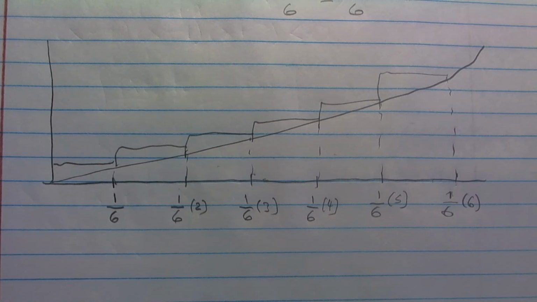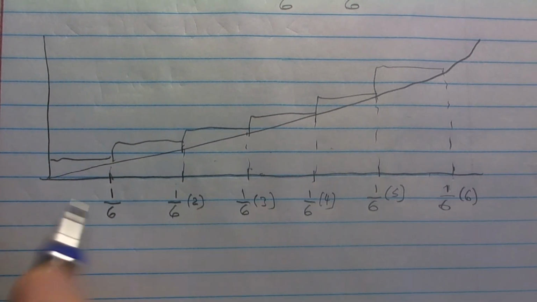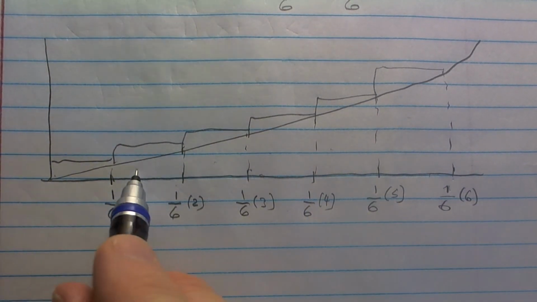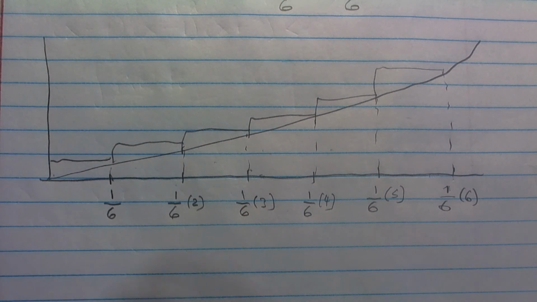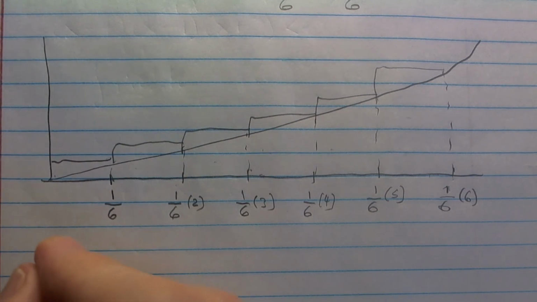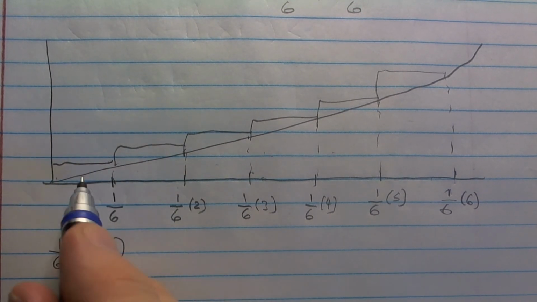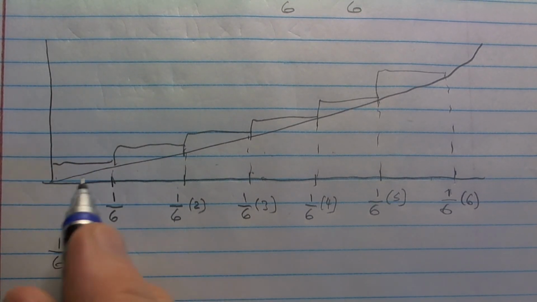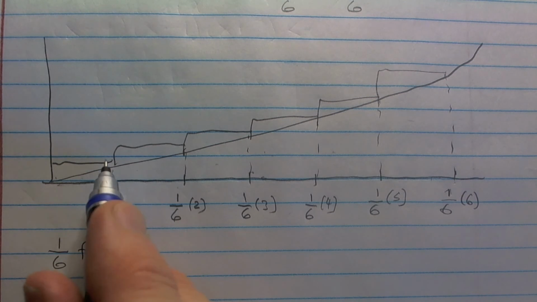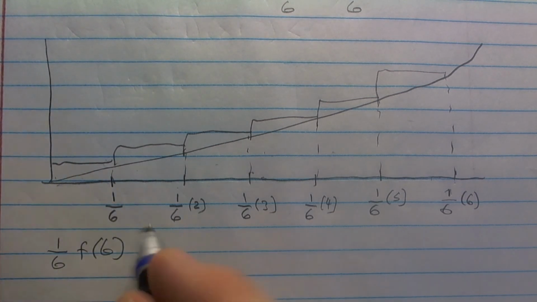Notice what we're going to do here. I'm going to add up all these rectangles. The way I'm going to do it is I take 1/6 times f of 1/6. That's this first rectangle right here. See how the width is 1/6 and the height is f of 1/6. Now dig what I'm going to do.